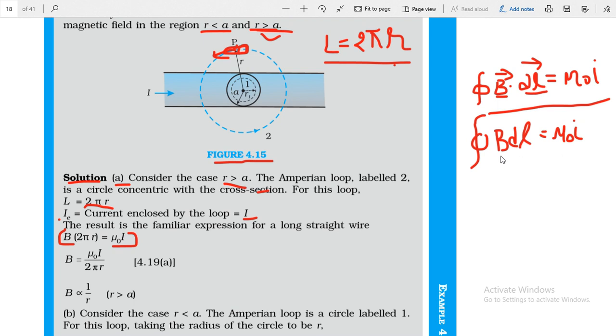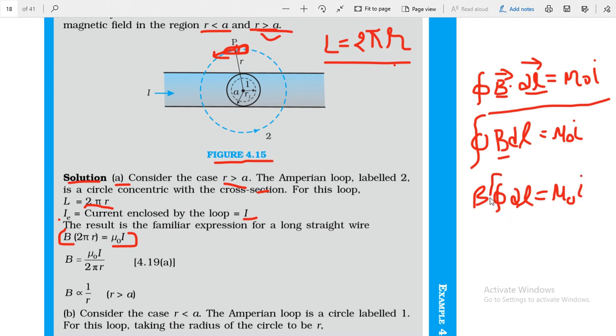Now B is taken as constant, so you can write B times the closed integral of dl is equal to mu naught I, okay.